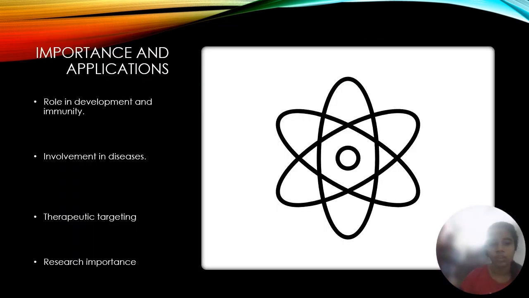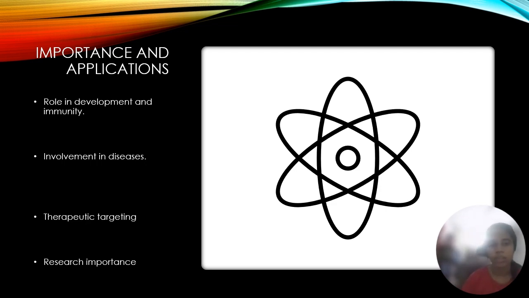Now, what are the important applications when it comes to apoptosis? Apoptosis has a role in development and immunity. How? It helps in shaping your organs during embryonic development. It is also important in removing autoreactive immune cells.